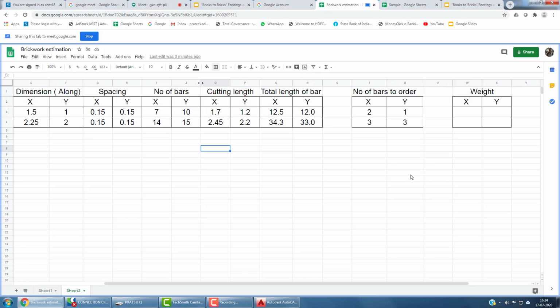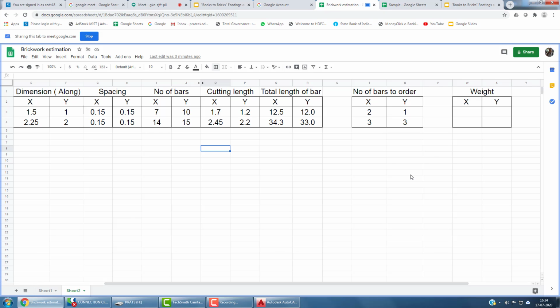Shall we go to weight? Yes guys, all of this is clear for you. Dimension, spacing, number of bars, cutting length, total length of bars, then number of bars to order. Is it clear?